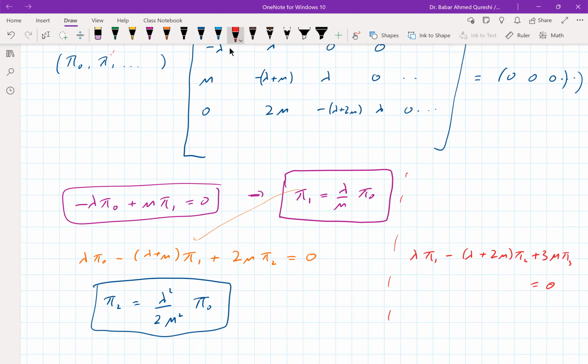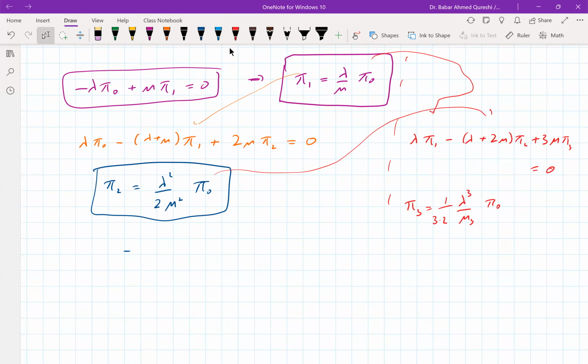And again, I put this back here, put this back here, and I get pi 3 is lambda cube over mu cube over 3 times 2 pi naught.